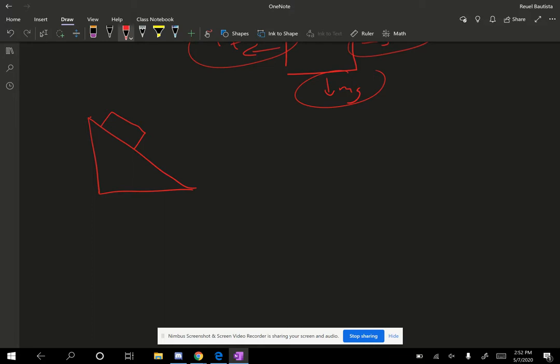Now it's at an angle. So let's stick with 30 degrees. This is where the problem of axis becomes a little bit different, because the motion here is no longer just left, right, or up, down. Now it's going to be at an angle, and this is the inclined plane problem.